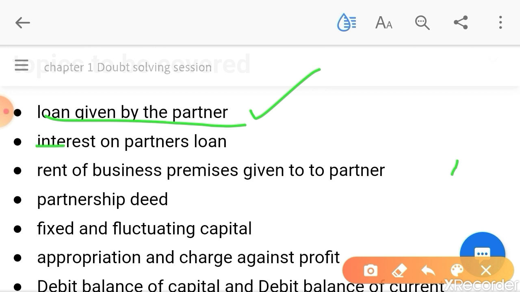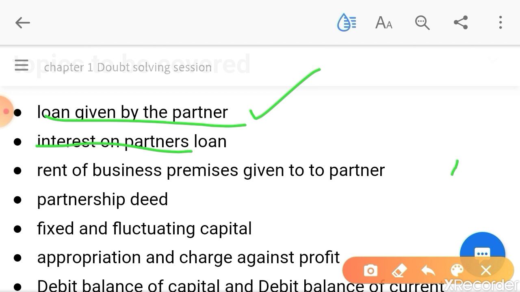And when interest on partner's loan is provided, it's an expense from the point of view of the firm. So it will be interest on partner's loan account debit to partner's loan account. Remember students, it will be credited in partner's loan account, not in partner's capital account. Is this clear?